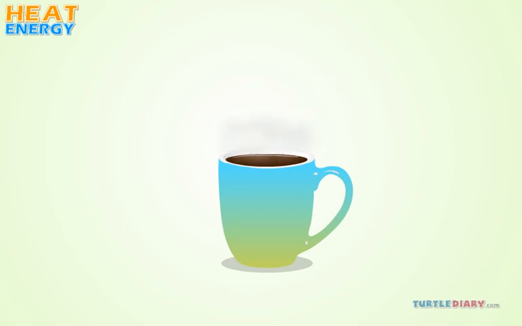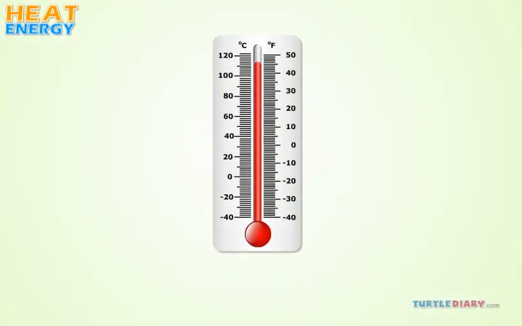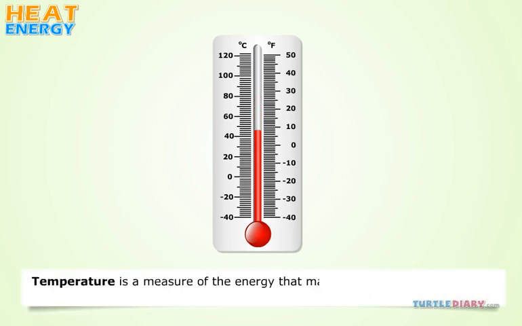Heat is not the same as temperature. Have you ever used a thermometer to measure something's temperature? Temperature is a measure of the energy that matter contains, or how hot or cold it is. So, when you use a thermometer, you are measuring how fast or slow the particles in matter are moving.